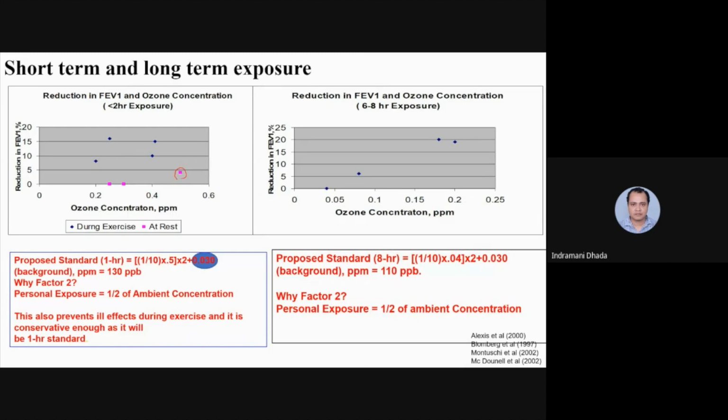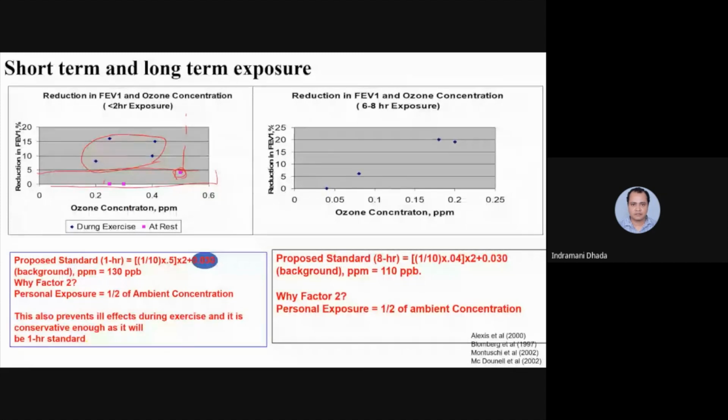When the concentration is around 0.5, at this stage, the people who are not doing any work are safe. However, the people who are doing exercise are not safe in this concentration level.